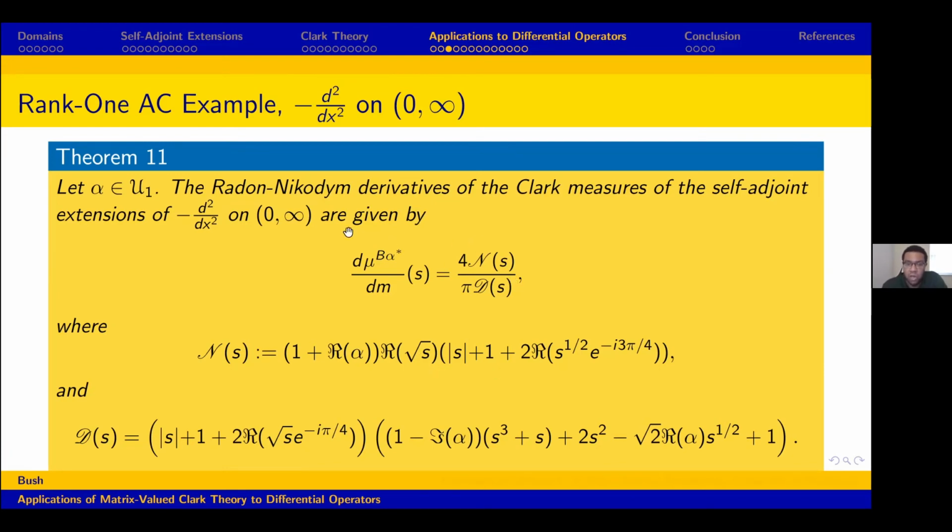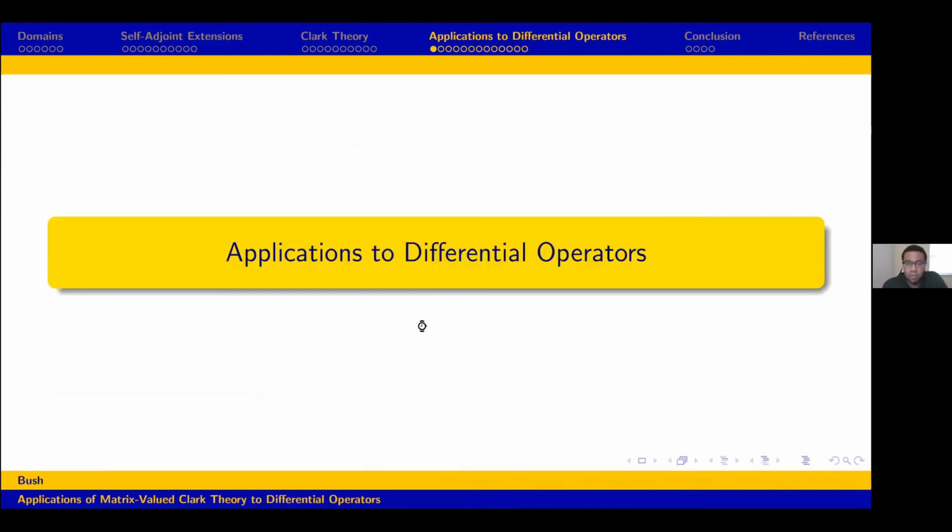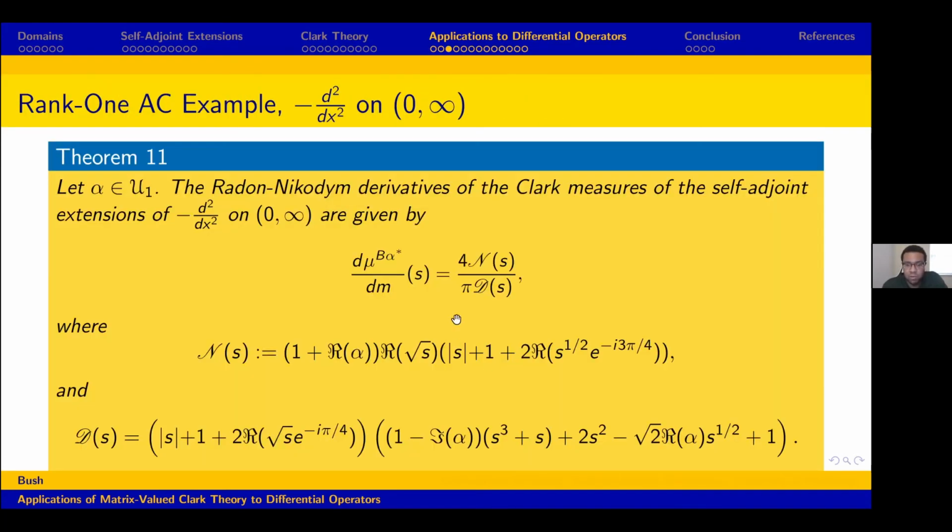And this is a known feature of the spectrum of the second derivative on the half line, that you're only going to have spectrum in the positive real line, which this confirms. And then you can also check that you're going to end up with something positive. If you look at all these terms, you'll get something positive here.